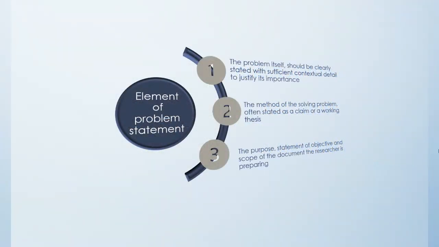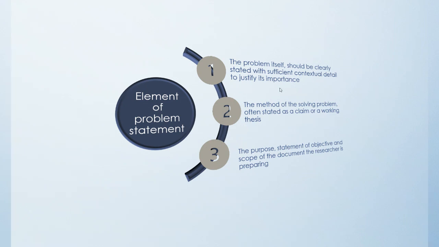Okay, so in the problem statement, there are 3 main elements. Okay, first, the problem itself, okay, should be clearly stated with sufficient contextual detail to justify its importance. Okay, kena mention apa problem dia. Problem dia mental disorder, dia punya number of cases makin tinggi. Okay, tak tahu apa sebab kenapa dia punya number of cases tu makin tinggi.